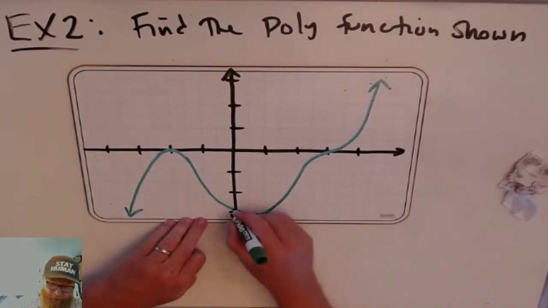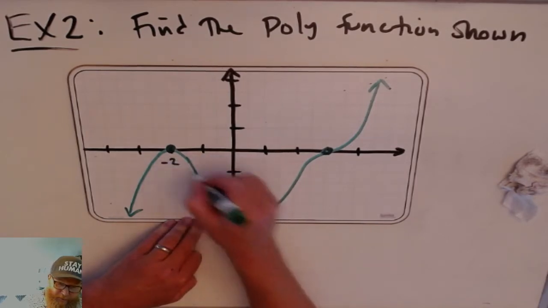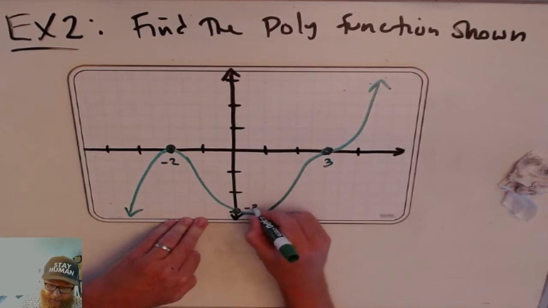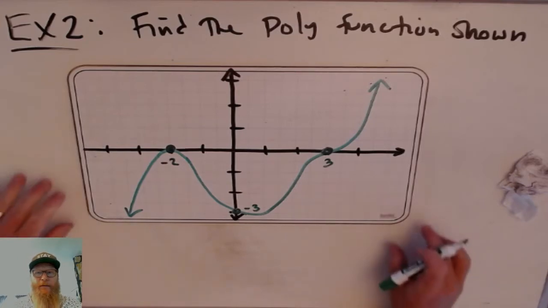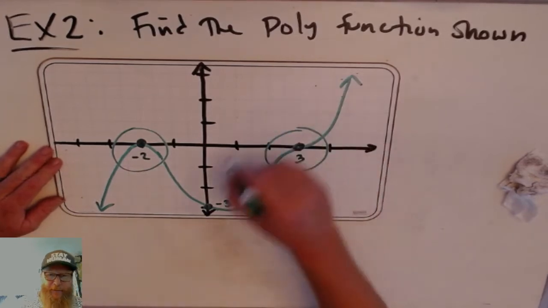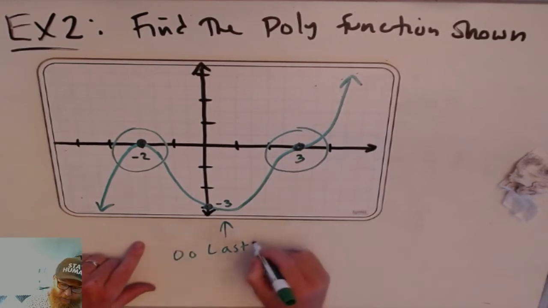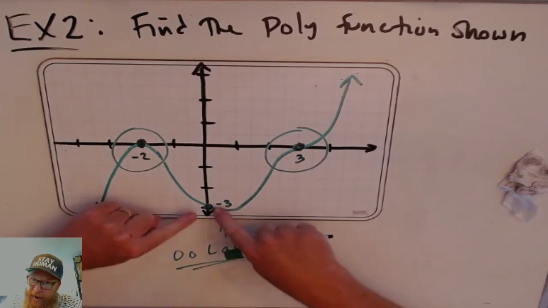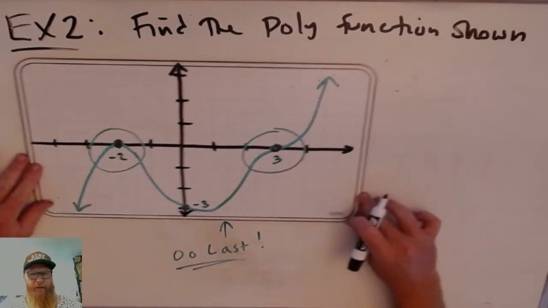Assume that each unit is 1. Each tick mark is 1 unit, so that'll be -2. That'll be 3. And this looks like -3. Look at the x-intercepts, or the zeros first, and then do this last. If you try to put that in there now, it'll typically screw everything all up. So wait till the very end.